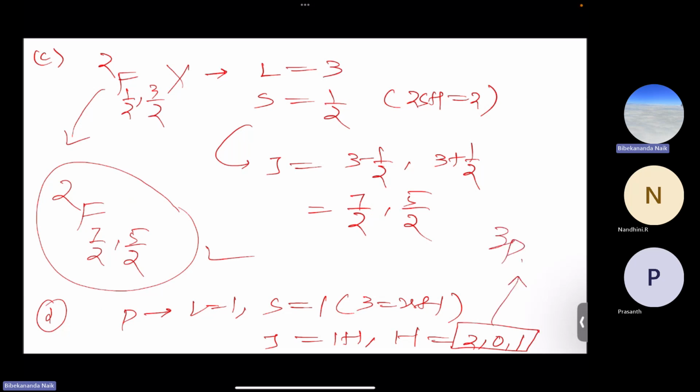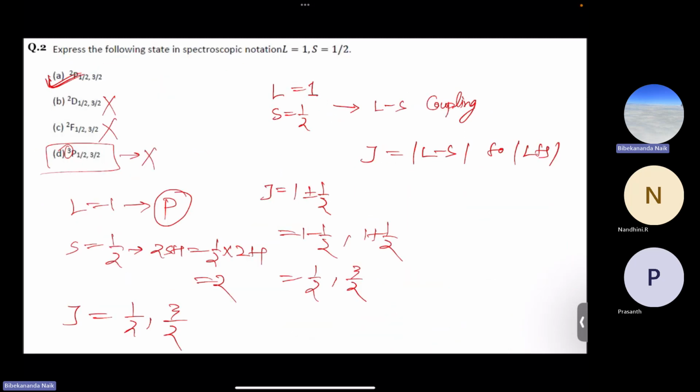So it will be 3P 0, 1, 2. So this should be the correct representation. But here, out of these 4 options, the remaining 3 are not feasible. This type of states does not exist because they violate LS coupling and their representations. So is this clear to everyone?